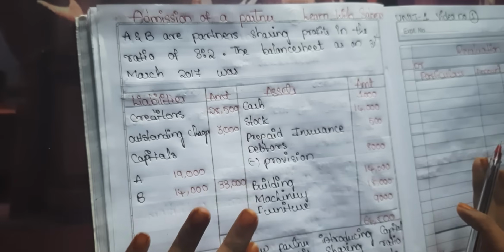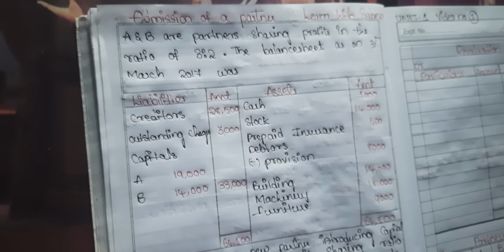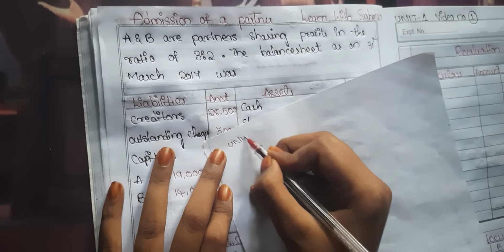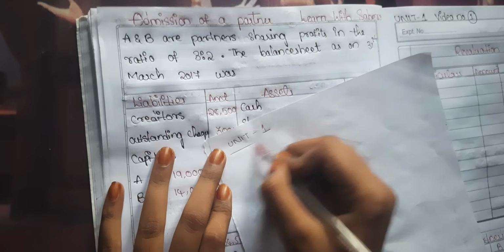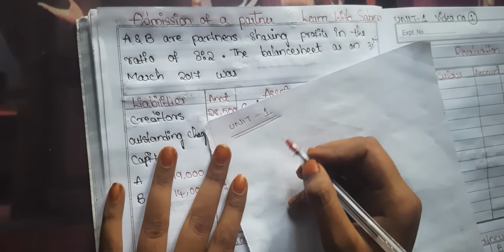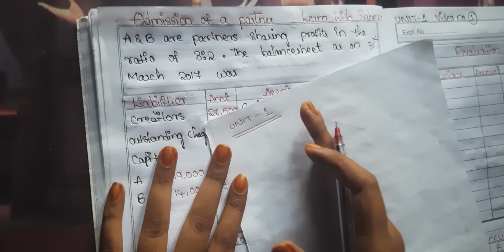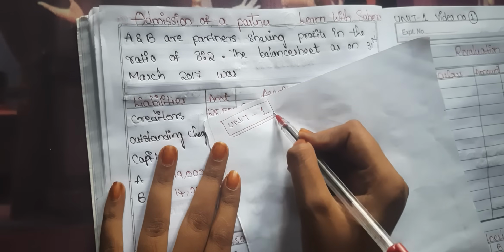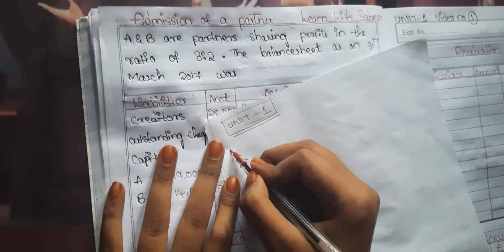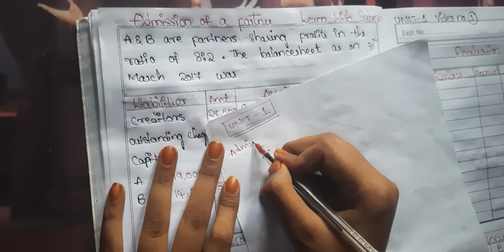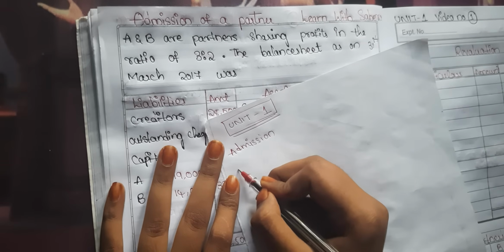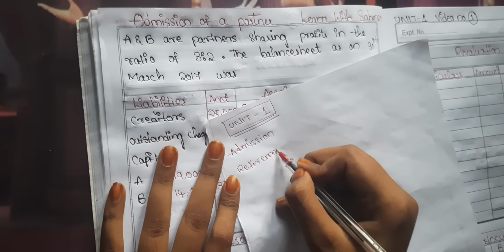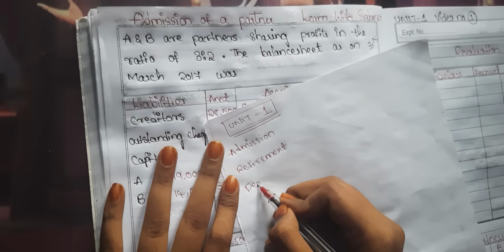Before going into the question or solution, first let us talk about unit number 1 from Advanced Accounting. Unit number 1 is partnership accounts 1, unit number 2 is partnership accounts 2. We will discuss unit number 2 in later videos, but now we are focusing on unit number 1. In unit number 1 we have admission, retirement, death.